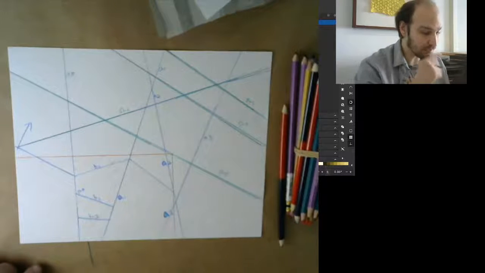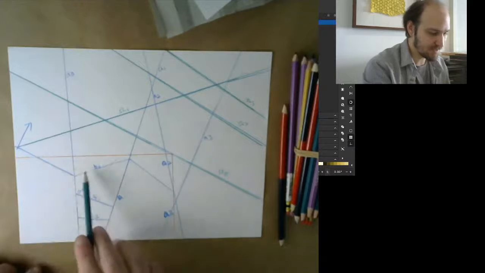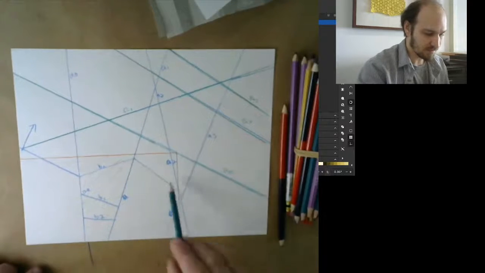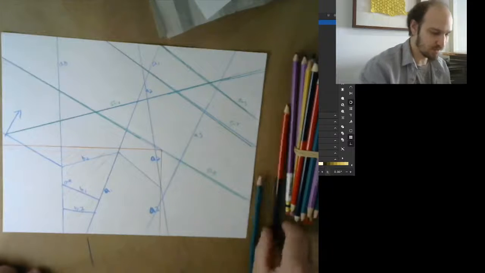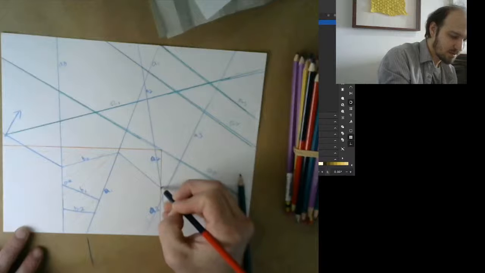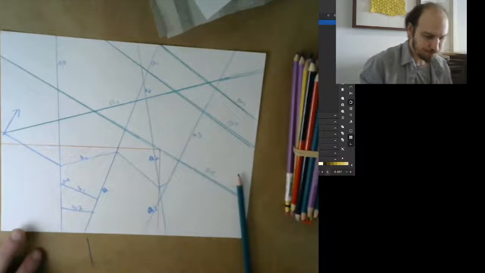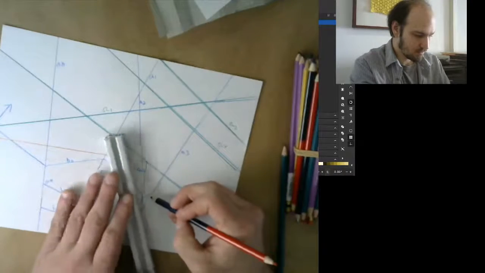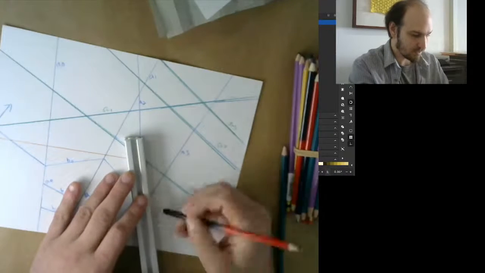Okay, so now I can talk about how B0 reflects, and then eventually crosses A2 just off the page, something like that. And then it has to cross over A3 here, also off the page.